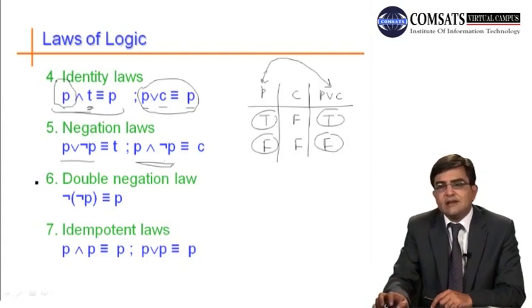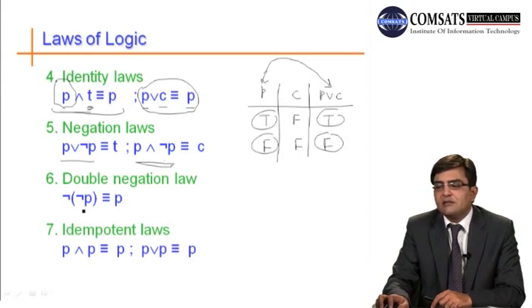The next law is the double negation law. If we take the negation of a negated proposition, we get the same proposition. It is obvious, and we can also prove it using a truth table. We know that the truth value of P in the first row is true.